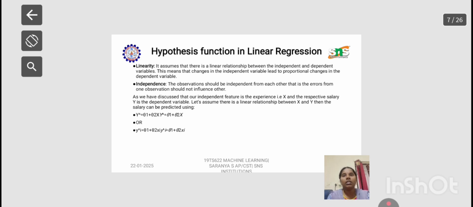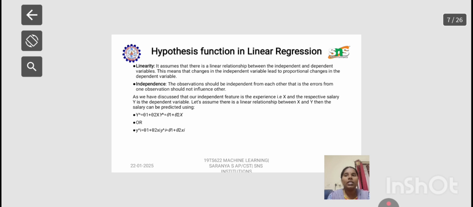Independence means the observations should be independent of each other, that is, the error from one observation should not influence another. As we have discussed, our independent feature is the experience x, and the respective salary y is the dependent variable.